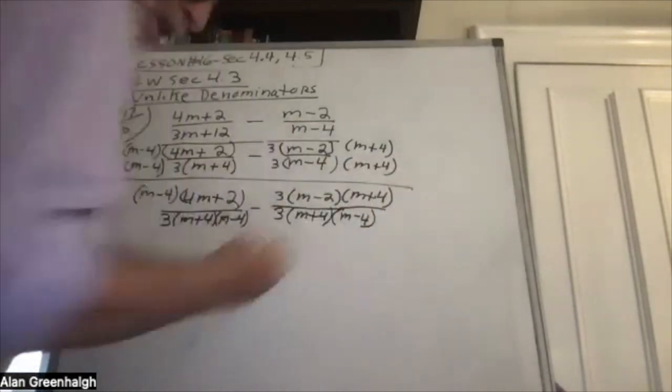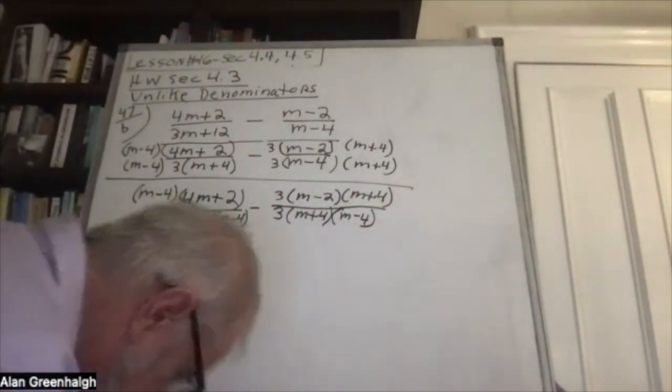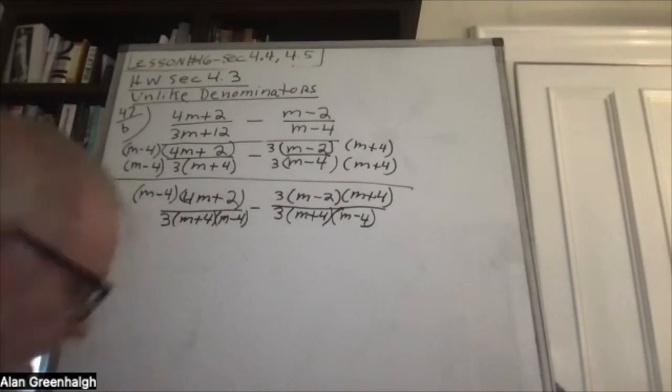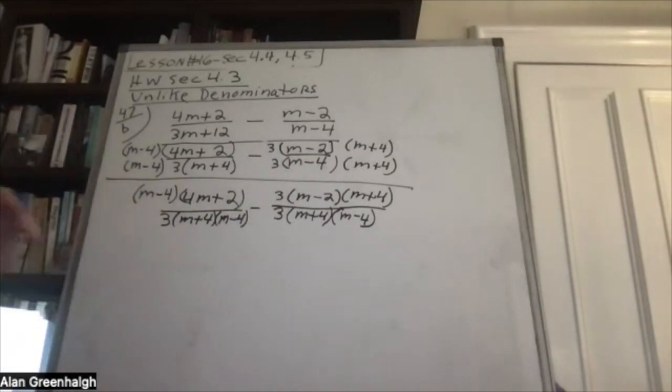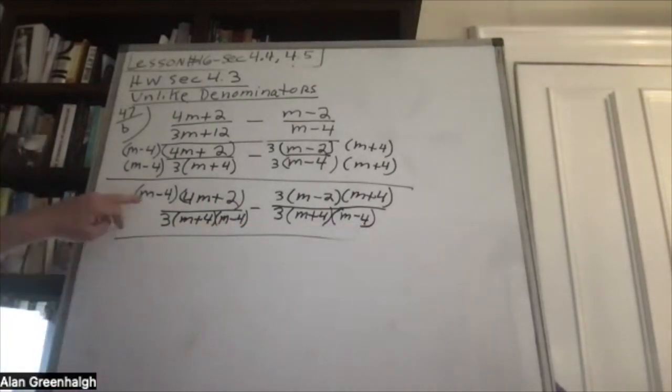I'll pause there for a moment, because that was a little complicated, right? All right, so now you have to grind it out. Now you have to just grind out the whole problem. In other words, multiply these two binomials.